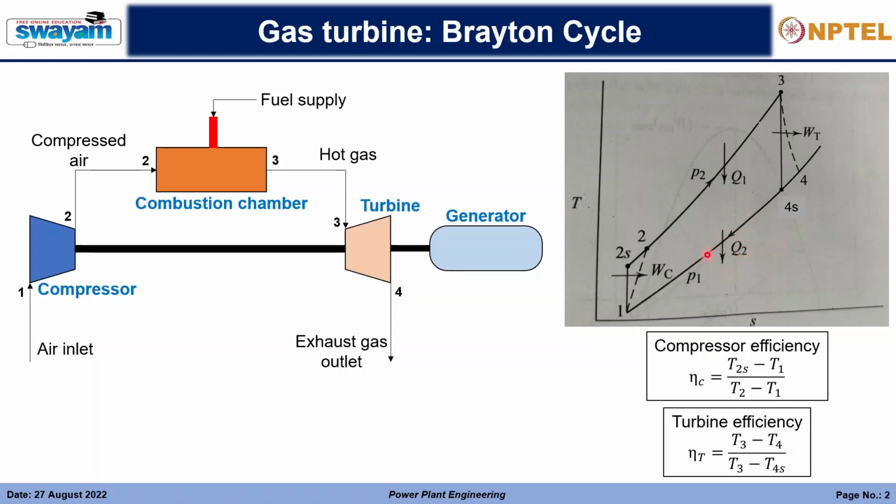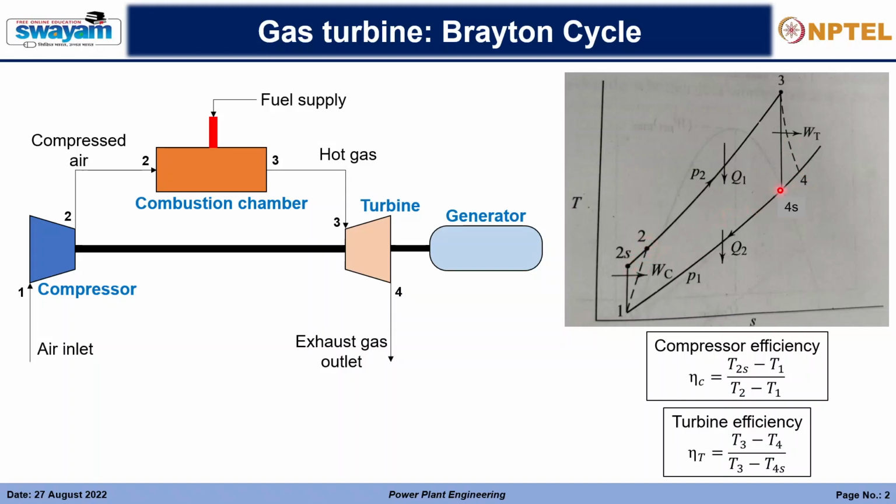So this Q2 energy is the heat rejected at the ambient, meaning at the outside conditions. Generally, at point 4 the temperature of the gases is very high compared to point 2, the outlet of the compressor.